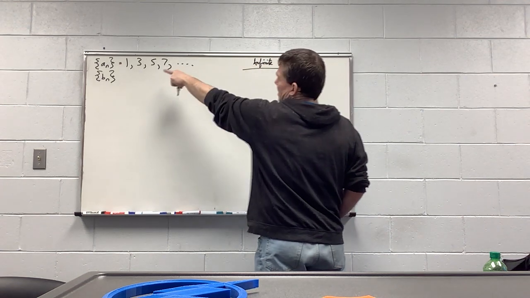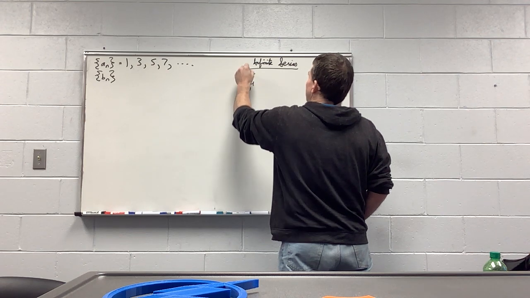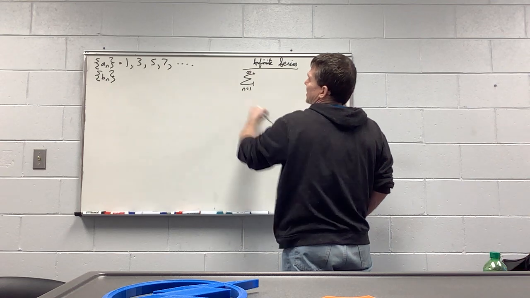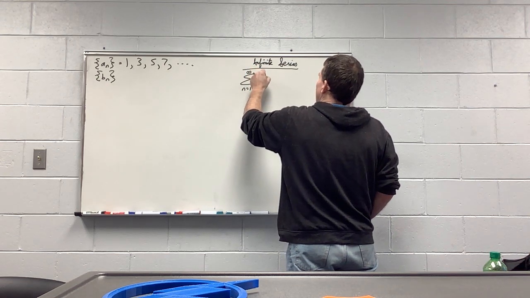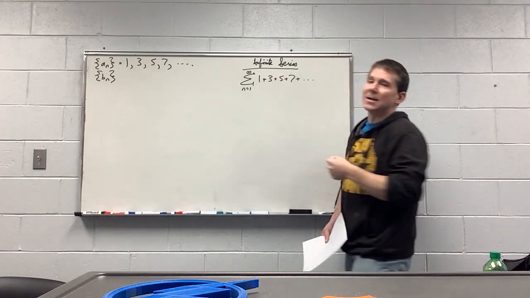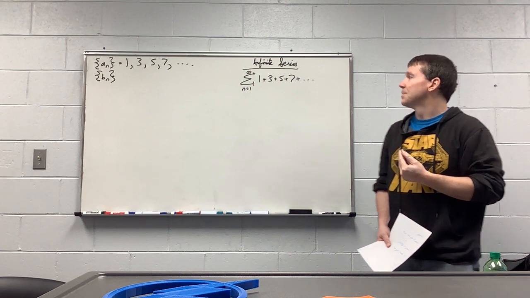So we have sequences of numbers. Now we want to look at series of numbers. These kind of go hand in hand. And in this case, I could just have that series right there: 1 plus 3 plus 5 plus 7 and so on. You've all seen this summation notation, obviously, from when we did our Riemann sums.